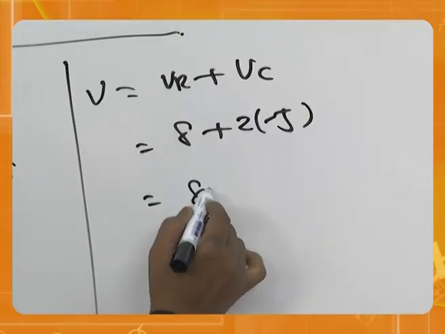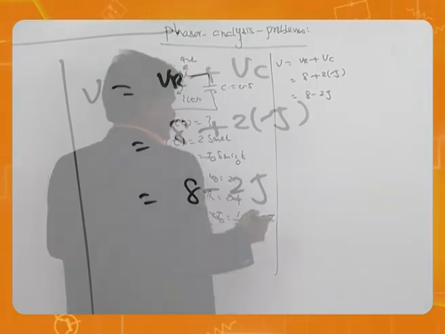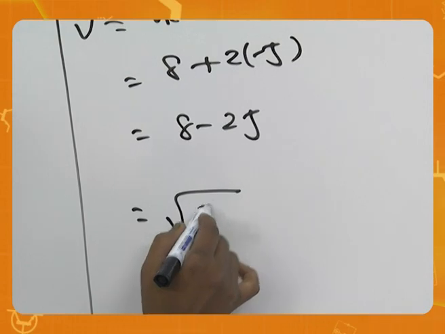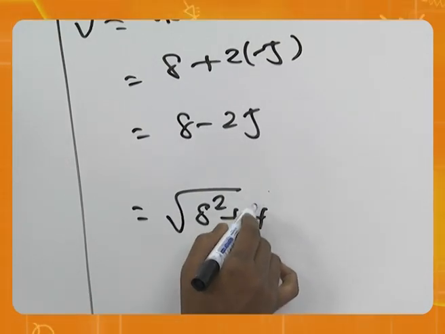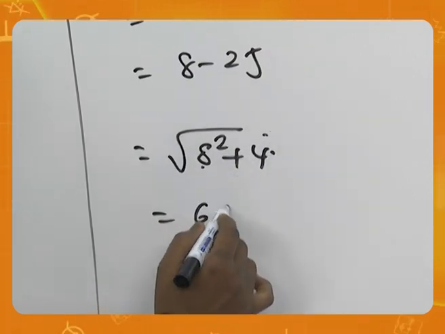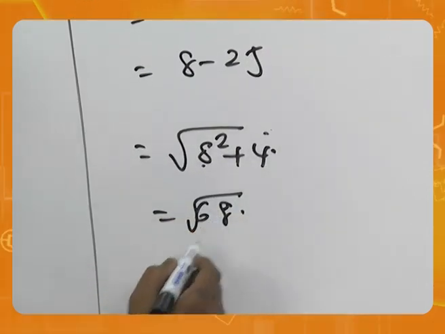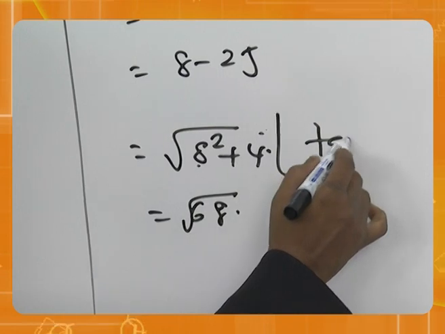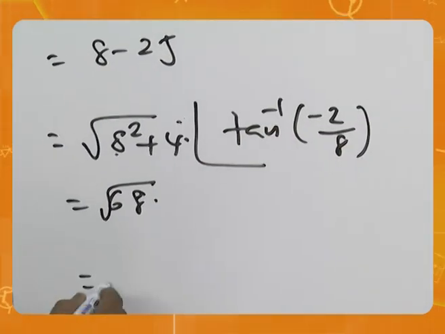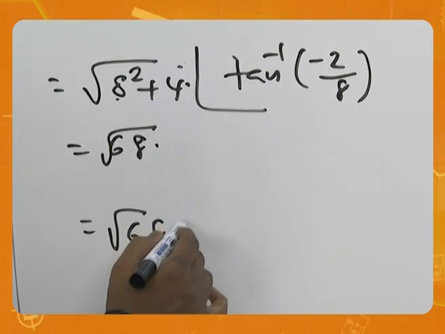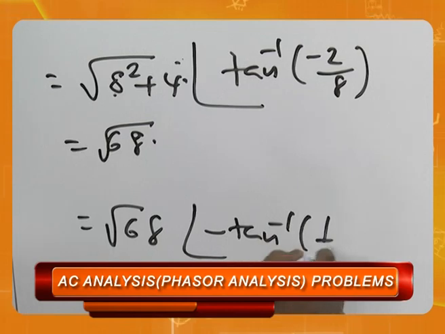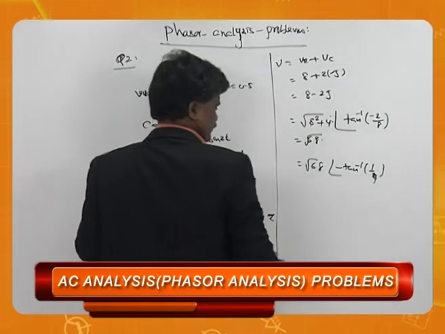Therefore, 8 minus 2j. If we take the magnitude, 8 square plus 2 square, which is 64 plus 4, 68. Then what is the angle? Tan inverse of minus 2 by 8. So this is root 68 angle minus tan inverse of half, 1 by 4.